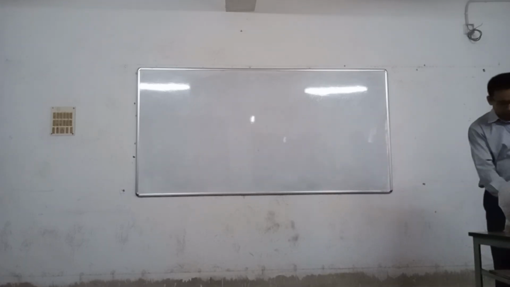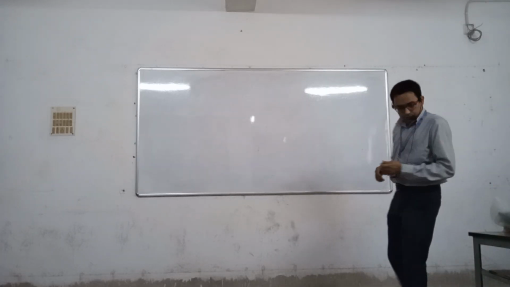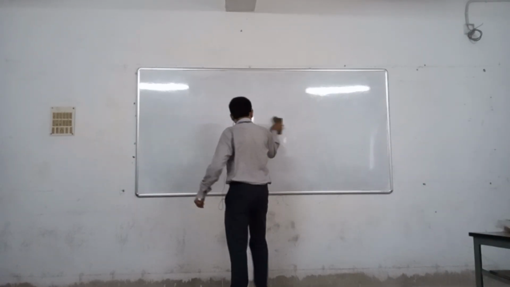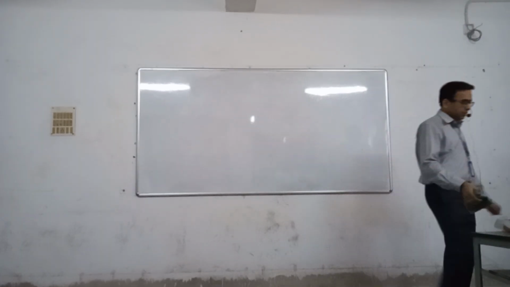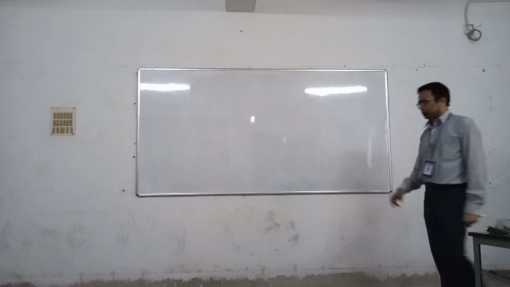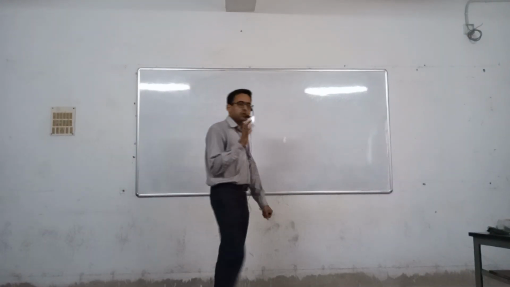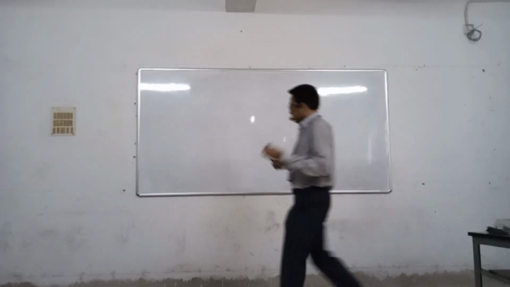Okay. So in the last class, we started module 6 and we saw a problem. I was discussing it earlier in terms of angles, but I will just briefly tell you.